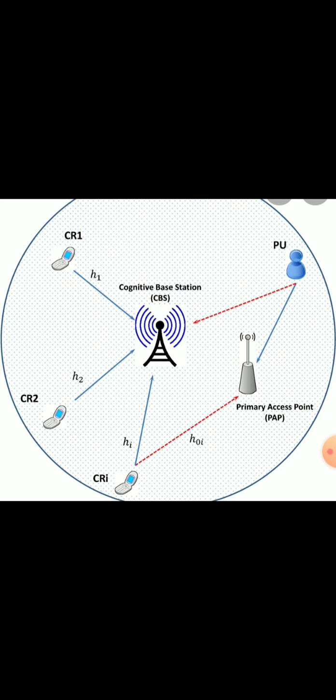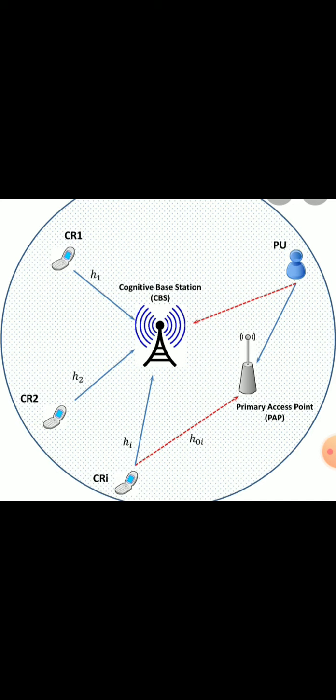Next is sharing the available resources like time, frequency, and space. Next is embedded intelligence to determine optimized transmissions like bandwidth, based only on the primary user transceiver.